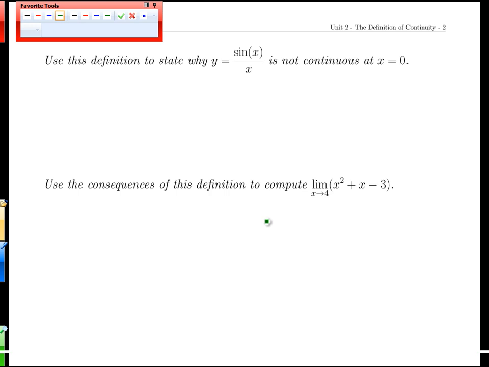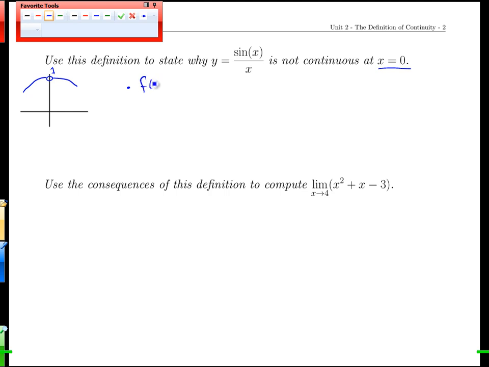So how can we use this to describe some of the situations we've seen earlier? Well, we looked at the graph of y equals sine of x over x. And remember, that looked roughly like this. It was a curve that went up to almost 1 and then kept going. Well, the first problem we have there, let's actually go down the conditions. We say it's not continuous at x equals 0.